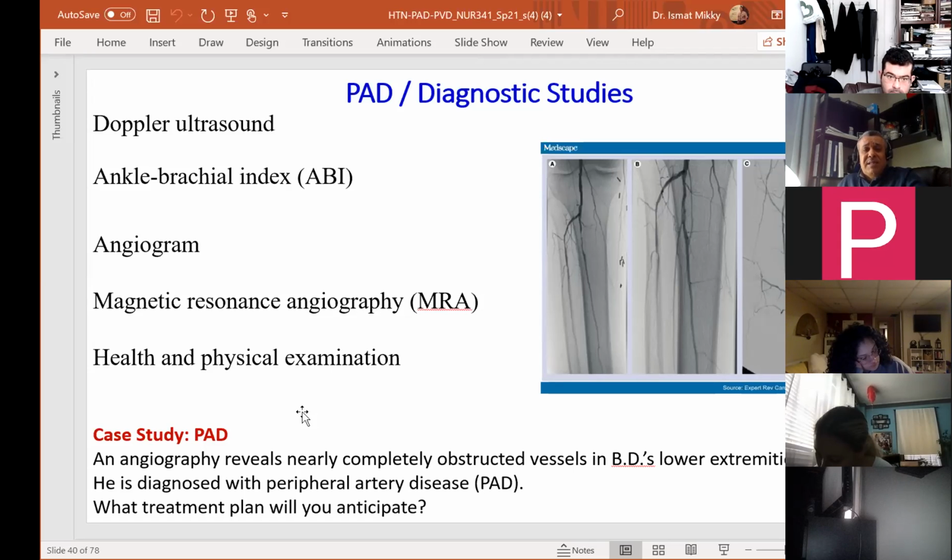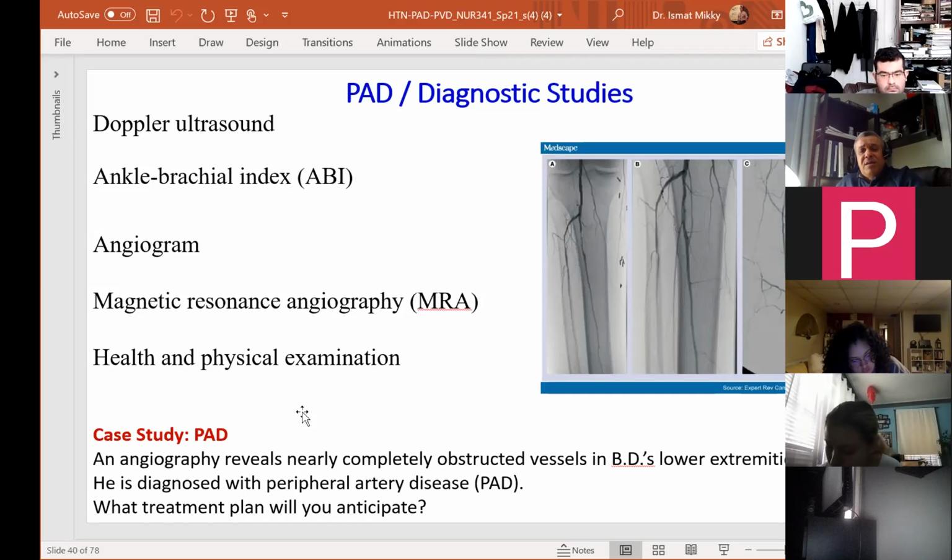The most serious would be non-healing arterial ulcers and gangrene, and that's when the patient will be a candidate for amputation. So the diagnostic studies would include Doppler ultrasound, with segmental blood pressures recorded, and the ABI, which is very important. That's the most important diagnostic study when it comes to PAD, because you can diagnose PAD just from the ABI.